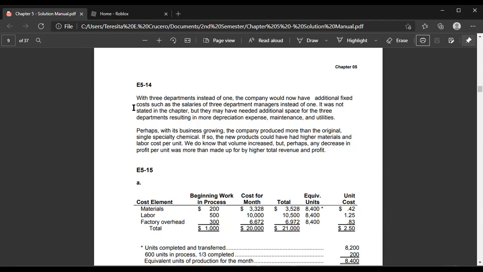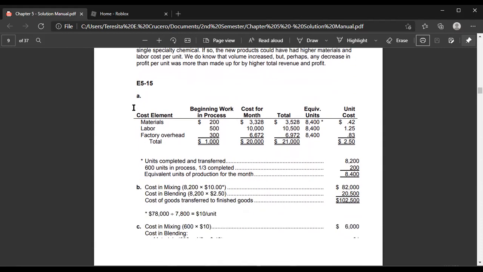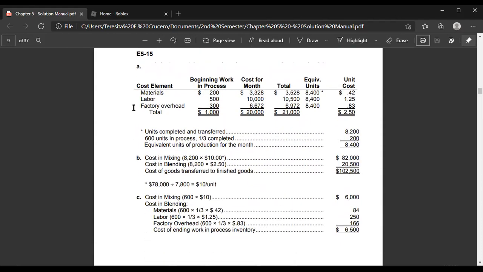C, determine the total cost of the ending work in process inventory in blending. So first we have to begin with letter A. Actually, we have three requirements here: A, B, and C. In A, we have to determine the unit cost for the month in blending. The beginning work in process inventory.